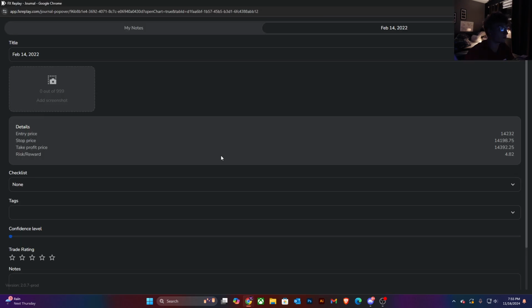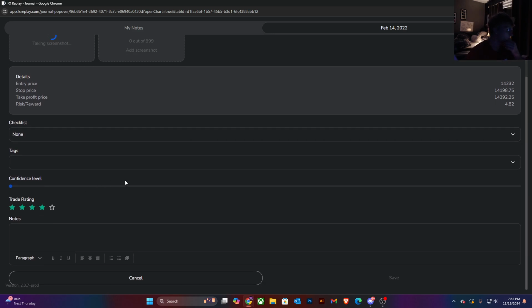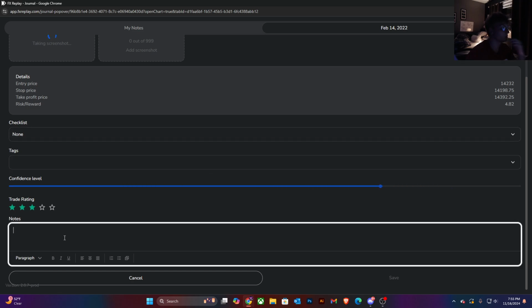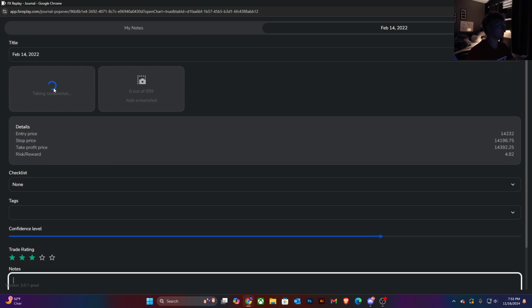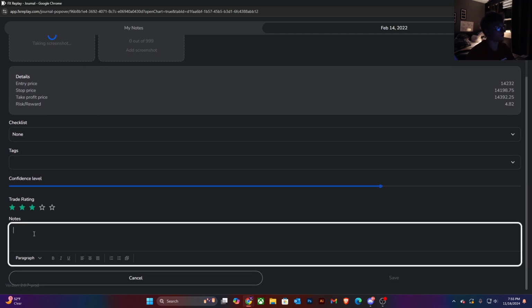This journal, I'll see, kind of lower confidence, honestly, but that's because we kind of re-inverse the same gap like twice.